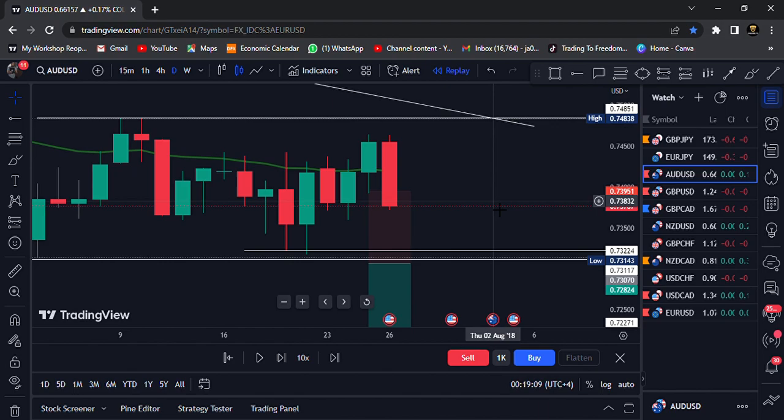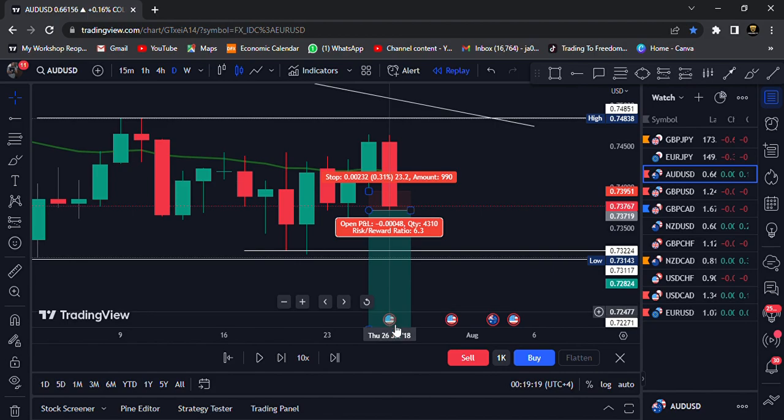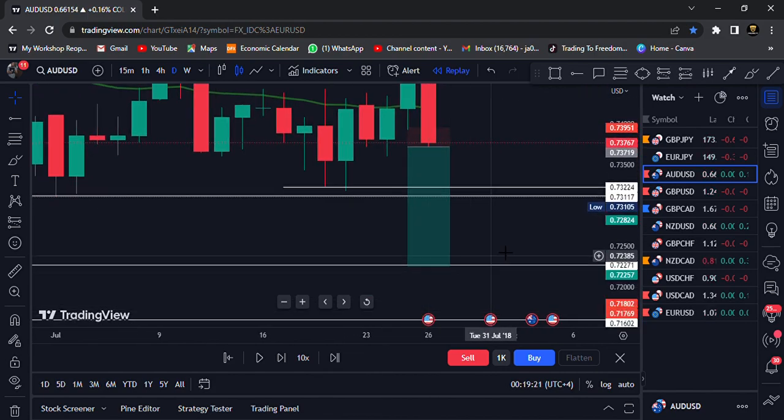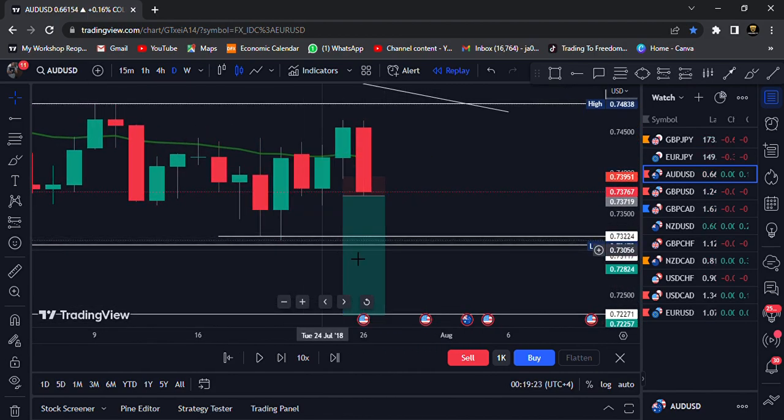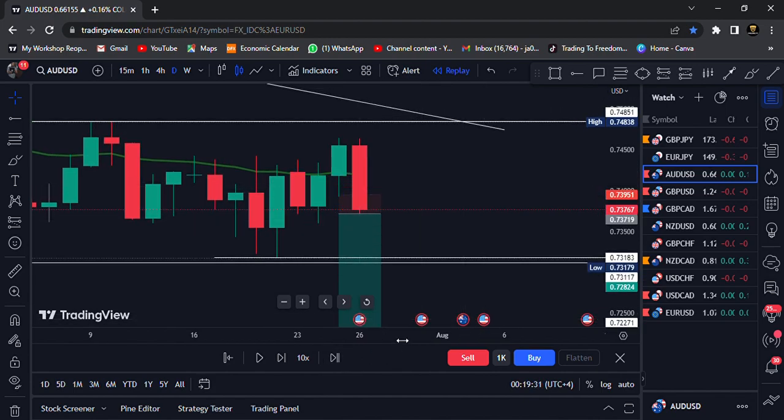For those who've been following me, you will know that when I see something like this, I'm very eager to trade. But if we are entering here, then our take profit is not going to be here. Our take profit now will be here, which is still not confirmed.